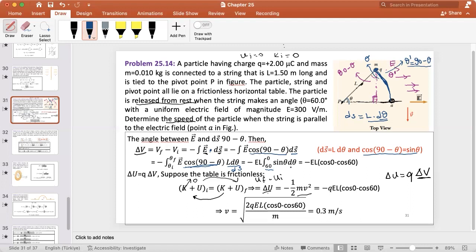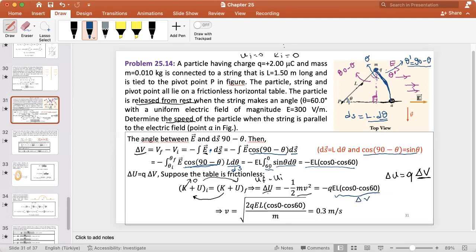So my way is easy. I will take the integral of sin theta. Sin theta gives cos theta. I will put the limitation from 0, cos theta 0, and then the first angle cos 60, and then we calculate the delta V. We put this information here.